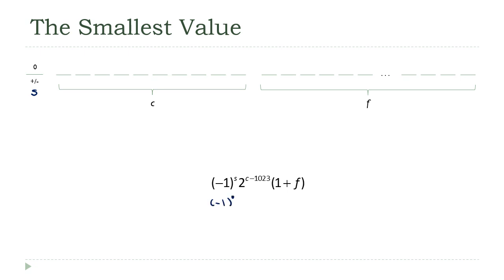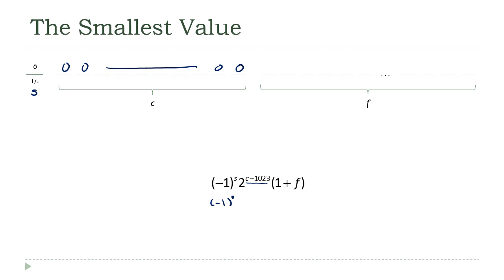Now what are we going to do? Well, I want to minimize this expression here. So I'm going to run into the same problem. Ideally, I would like to put all zeros into the exponent, but I can't, because, referring back to that previous lecture again, a binary representation that has all zeros in the exponent part is a reserved number.